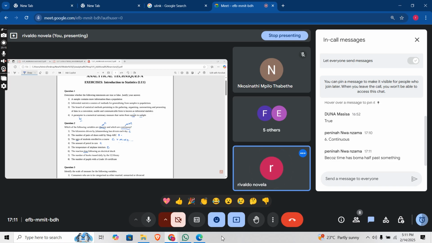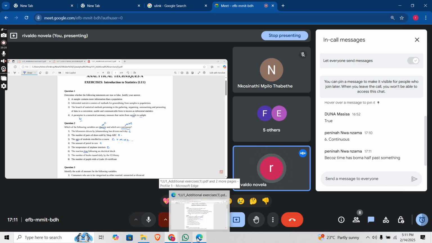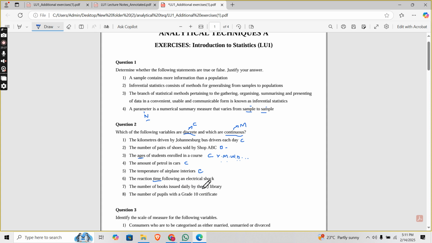It has around half past something, so that means it has commas. Time also can be written in commas, and we said that discrete data does not have any comma. It's only whole numbers. So we do not count time, we measure time, so it's continuous.